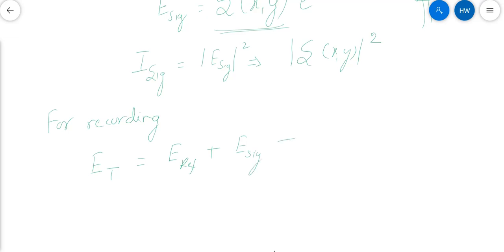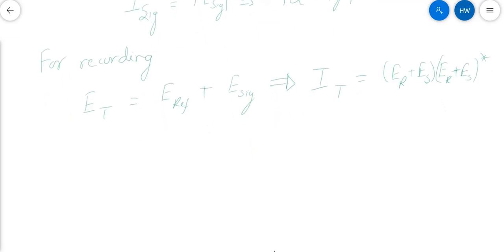And then what I do is record the total intensity, because that's what my film records, which is, as you know, simply E R plus E S times E R plus E S complex conjugate. So this is what my intensity is. So let's work out all the corresponding terms. So my I total, this is the recording part.